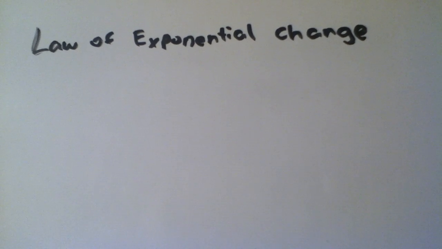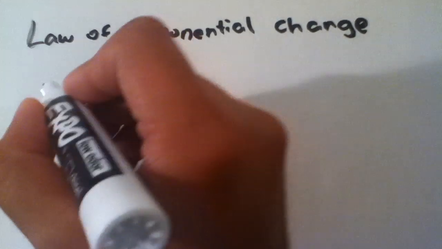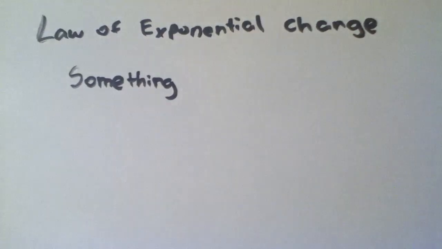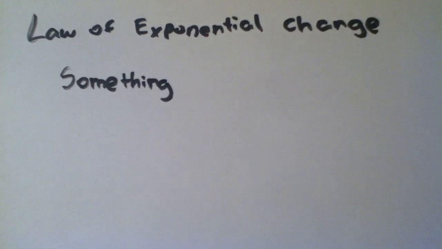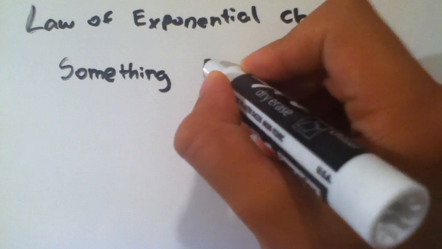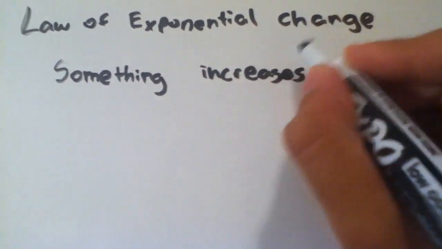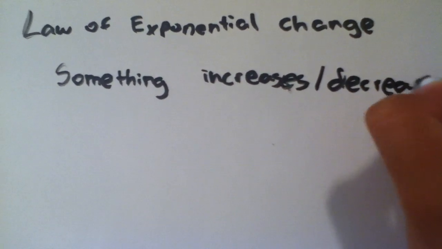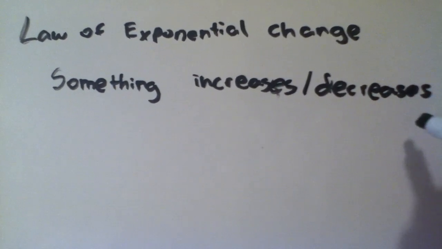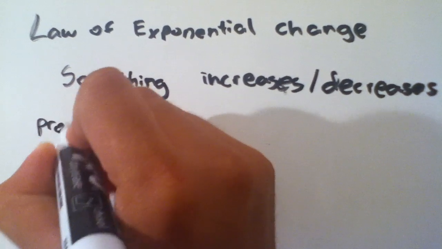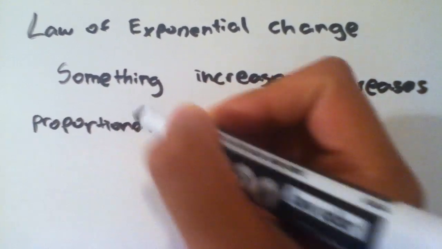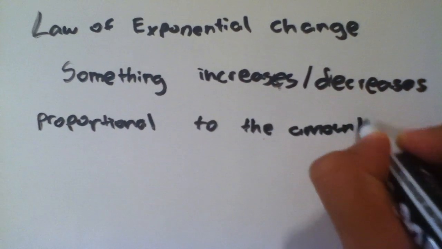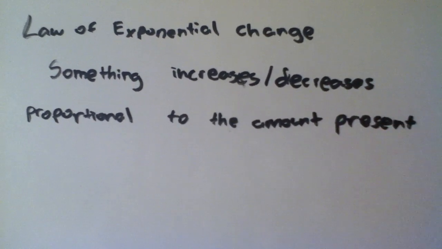This is a keyword that you'll find in all growth and decay problems: if something like radioactive material, a quantity, a population, or money increases or decreases at a proportional amount, or proportionally to the amount present, then you can use this law of exponential change.